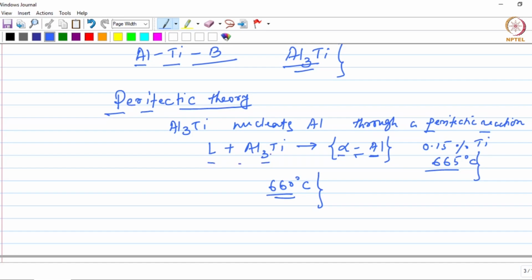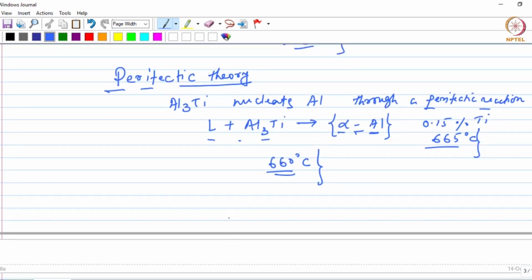Just to clarify this 660 degrees Celsius, let me elaborate a bit more. See, if you talk about, let's say, pure aluminium, the melting point is around 660, right? The equilibrium melting point. So when you talk about the solidification of aluminium as such, it will start forming at 660 degrees Celsius and below, right? It will start forming when the temperature reaches 660 degrees Celsius, isn't it?